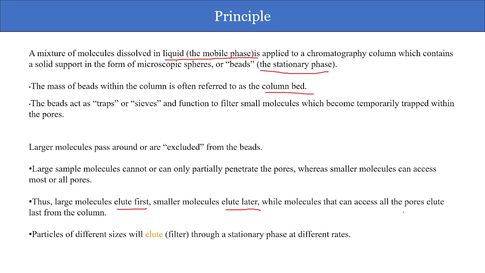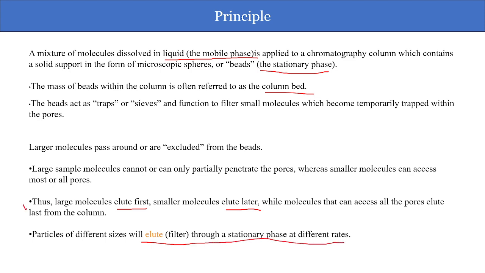Hence they have a longer path length, and the smaller the molecule, the longer the time they take to elute. So at the end you would see the smaller molecules eluting. Particles of different sizes will elute through the stationary phase at different rates.